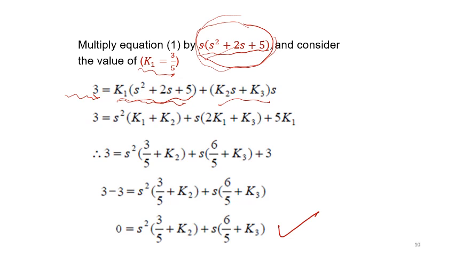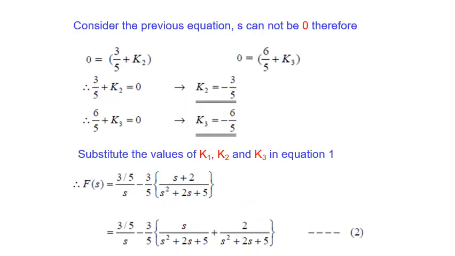The equation is saying that s squared into a bracket plus s into a bracket is equal to 0. As you know, s squared and s cannot be 0. That means this part equals 0 and this part equals 0. If the two parts I mentioned earlier equal 0, from there we can calculate K2, which equals minus 3 over 5, and we can calculate K3, which equals minus 6 over 5.